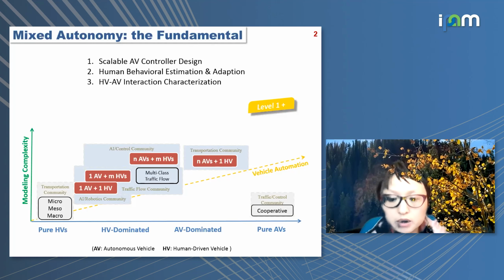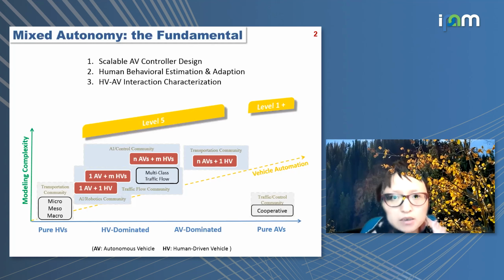Usually, I think in a pure AV world, a level 1 plus model should be fine. That's why when people talk about cooperative platooning, they use things like CACC or ACC. I think that's okay.